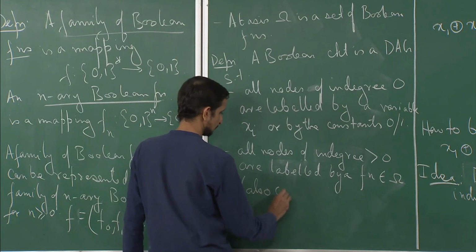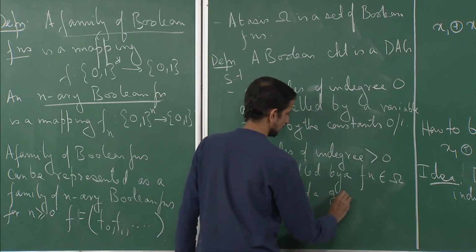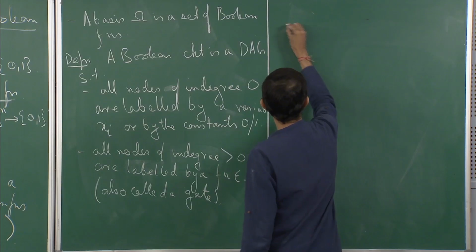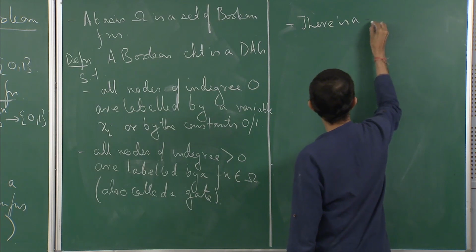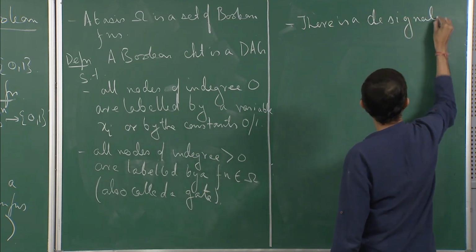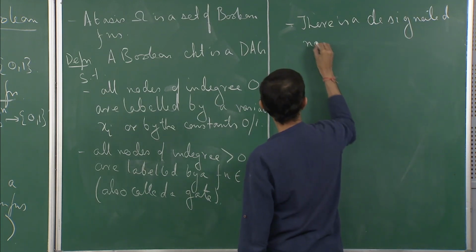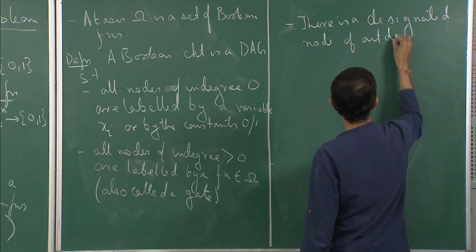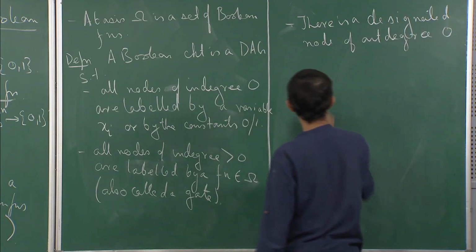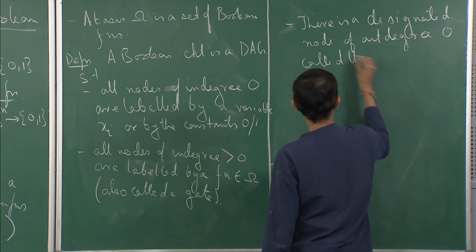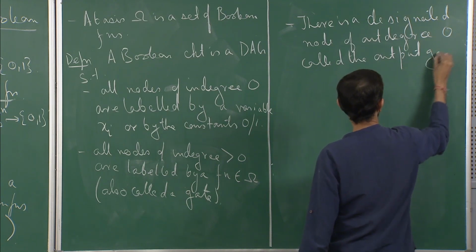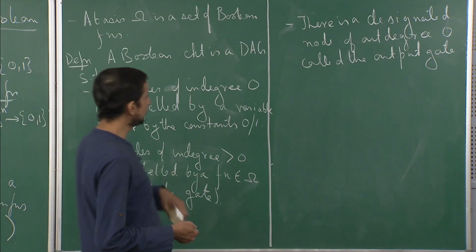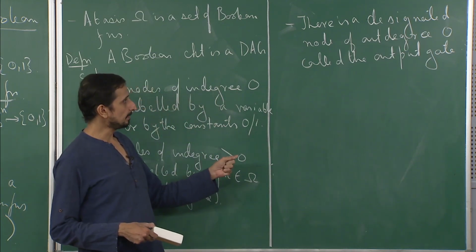Okay, so this is also called a gate. There is a designated node of out degree 0 called the output gate.